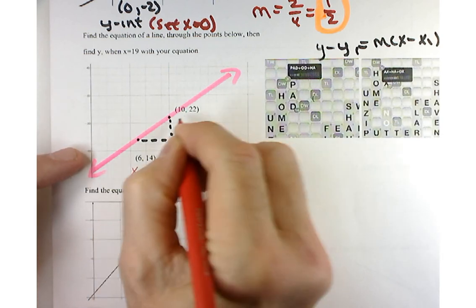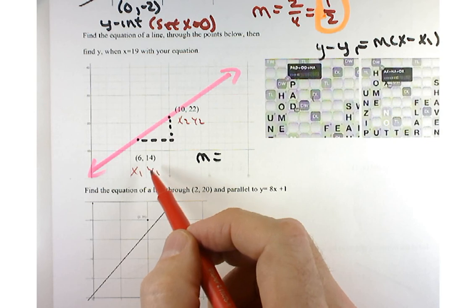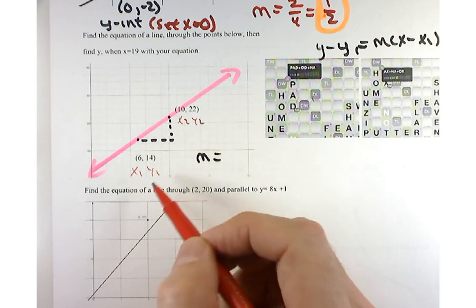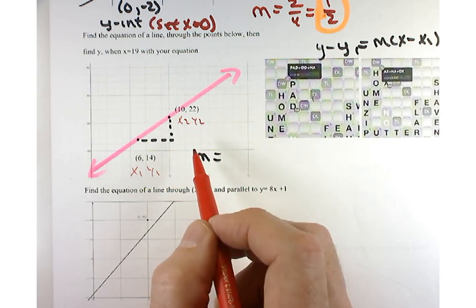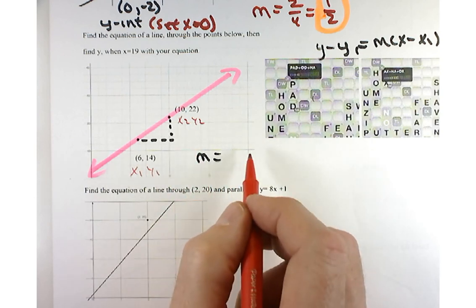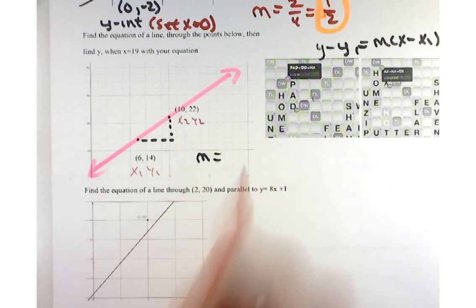By the way, if I labeled them this way and you label them the other way, x2, y2, x1, y1, you would still end up with the exact same slope. It doesn't matter which you call which, just as long as you subtract the x's and the y's in the numerator and denominator respectively, and you subtract them in the same order.